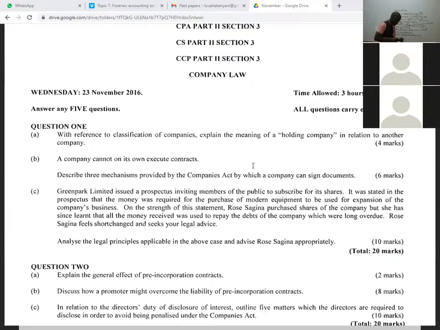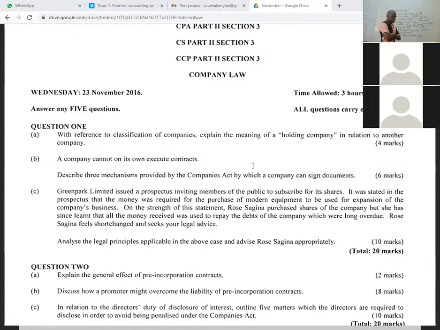A company cannot own its own executes contracts. Describe 3 mechanisms provided by the Companies Act by which the company can sign documents. Green Park Limited issued a prospectus inviting members of the public to subscribe for its shares. It was stated in the prospectus that the money was required for the purchase of modern equipment to be used for expansion of the company's business.